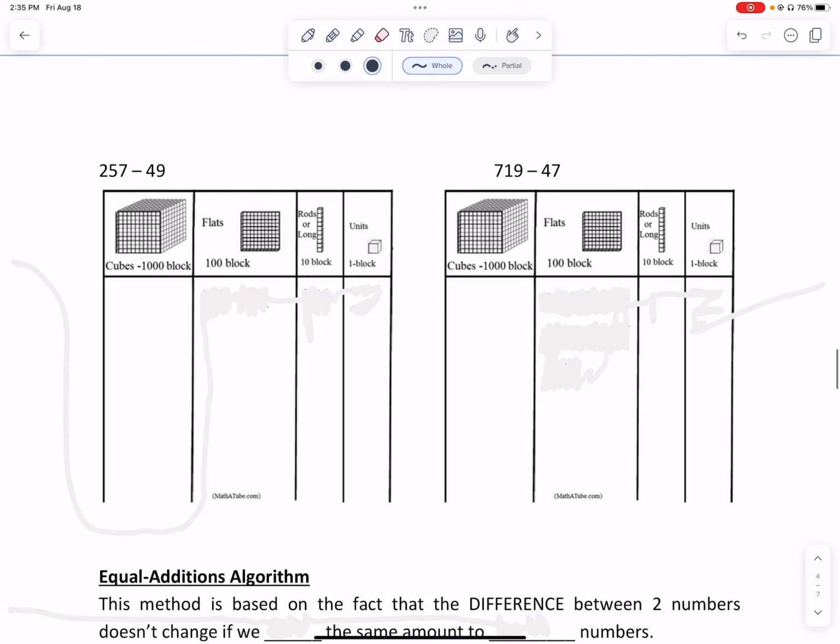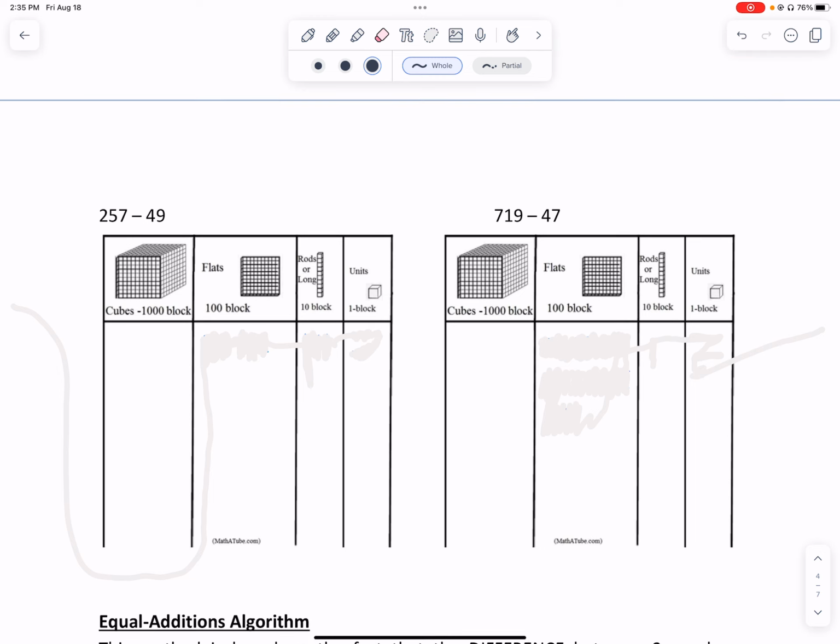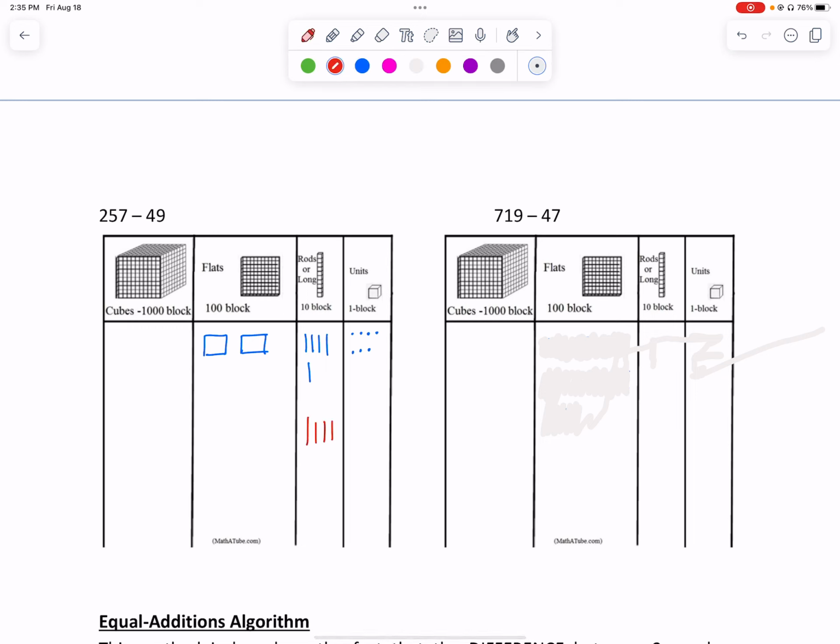So when you put in 257, most students will write down 2 of the flats, 5 of the rods, and 7 little units, okay? But we're so used to adding that students will then start trying to put in the 4 here, but you don't do that. So when you're subtracting, you only put this first number. That's the blocks that you pull out of your little box.